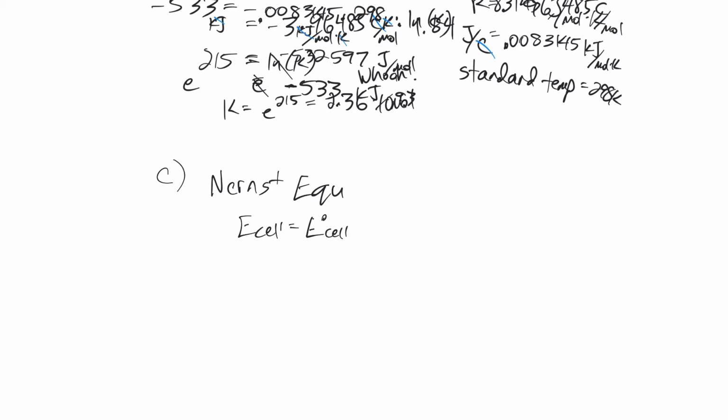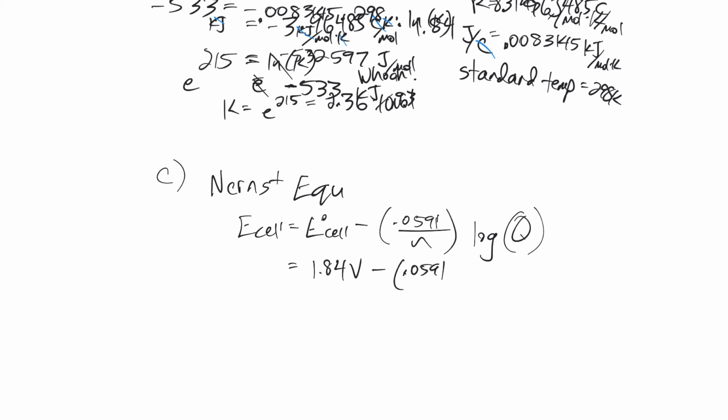Non-standard cell potential is the standard cell potential minus 0.0591 over n times log, base 10, of Q. We know most of these numbers here. 1.84 is the standard cell potential. We looked at the two half reactions earlier and had determined that the number of moles of electrons transferred was 3, but we need Q.